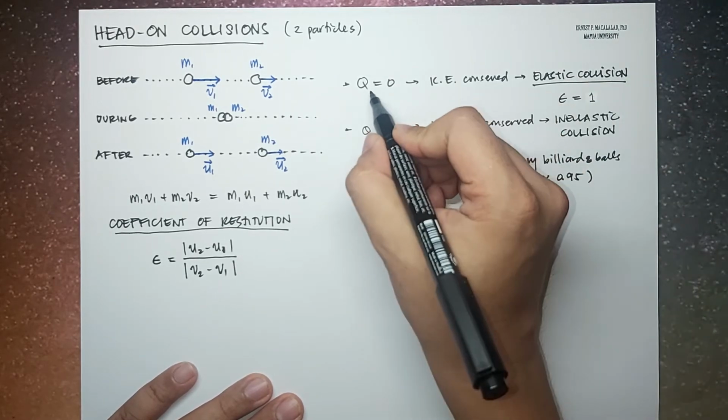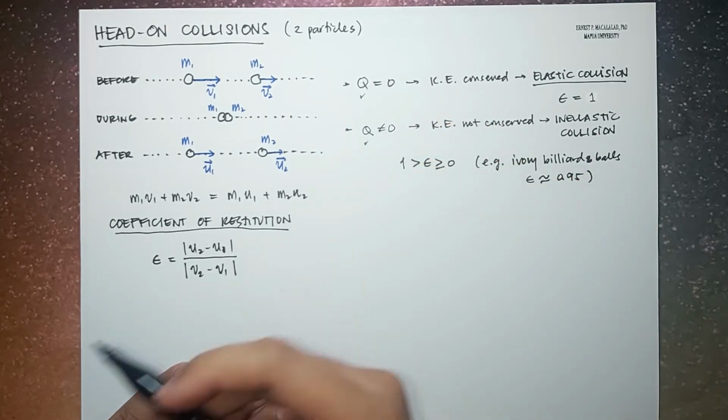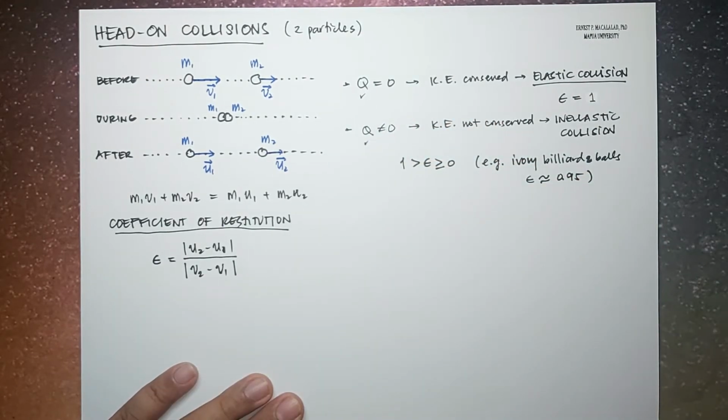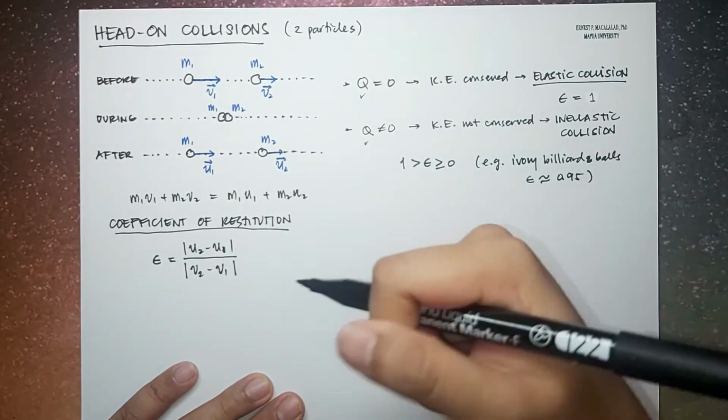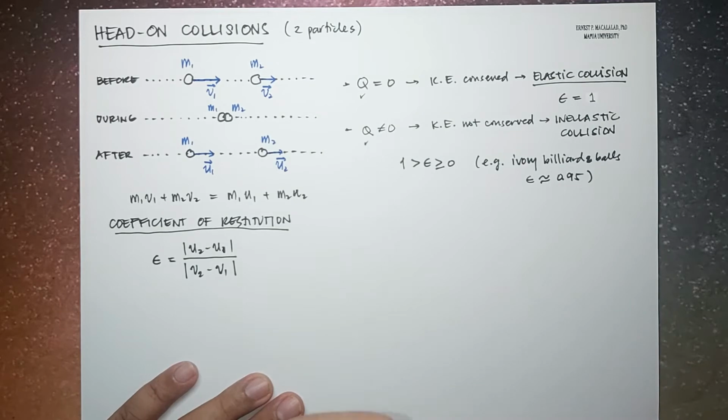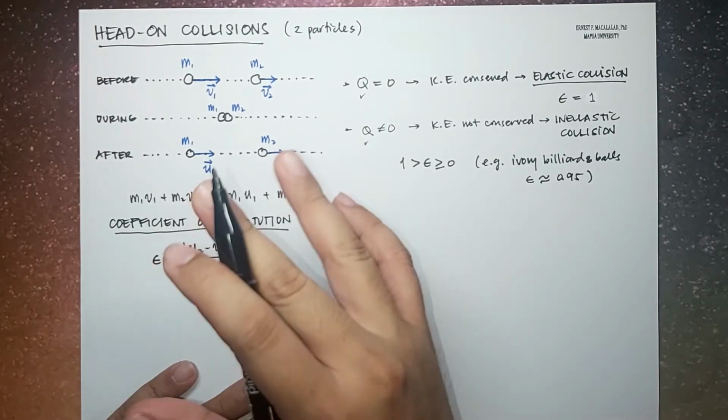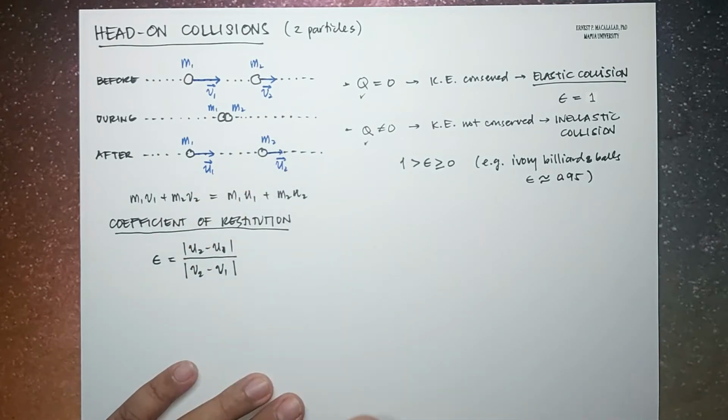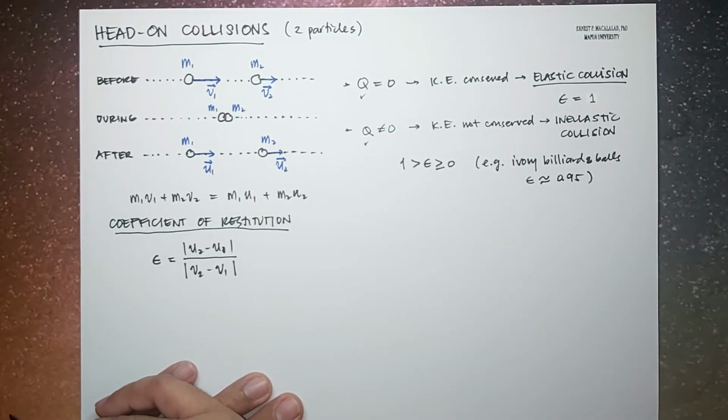Usually this Q, because it's either energy loss or gain or no energy loss or gain at all, is in the form of a sound, for example. When you see two billiard balls colliding with each other, you'll hear a sound. That is energy that is being released during collision. Sometimes heat is also generated. So this Q can be of any form.